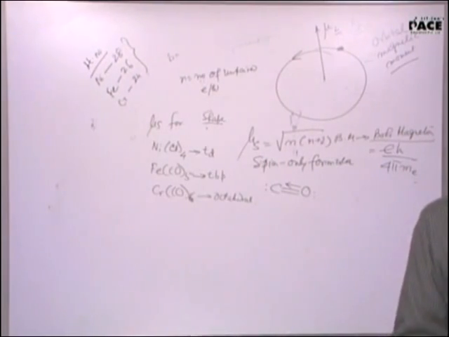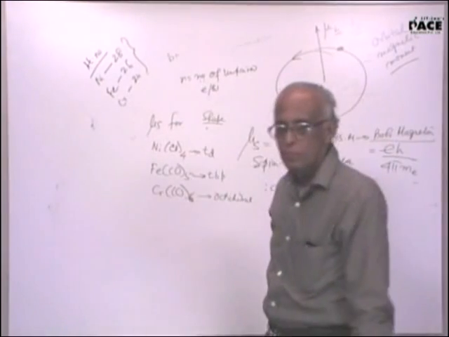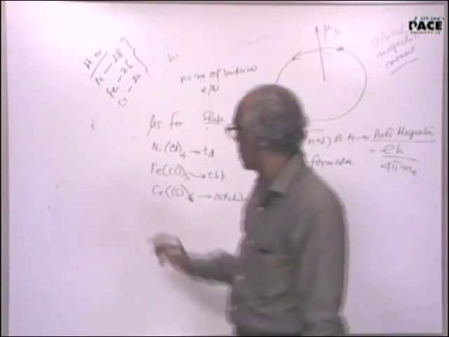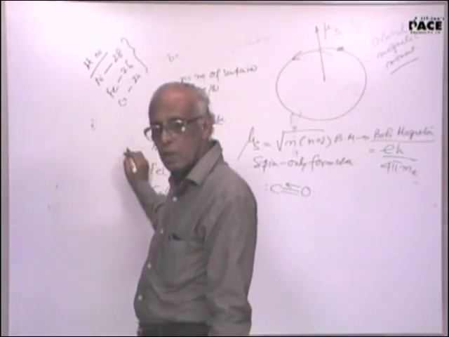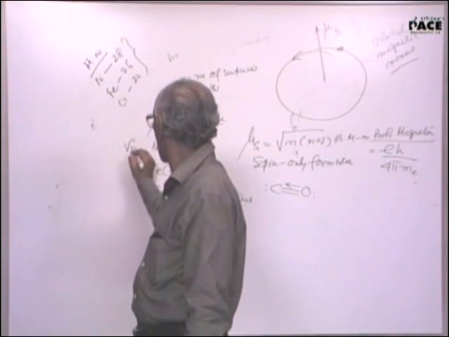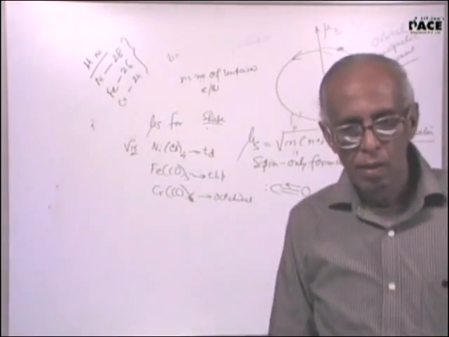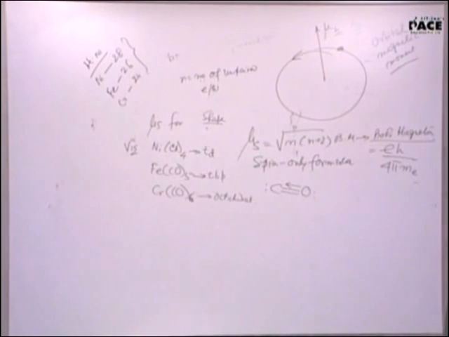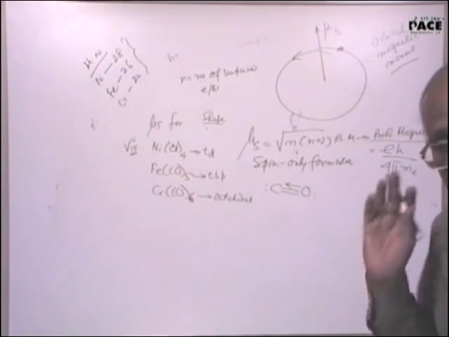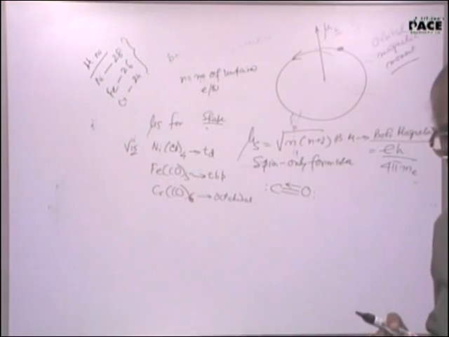Can you tell me what the value is here? Root 15? Root 50? How do you get root 50?